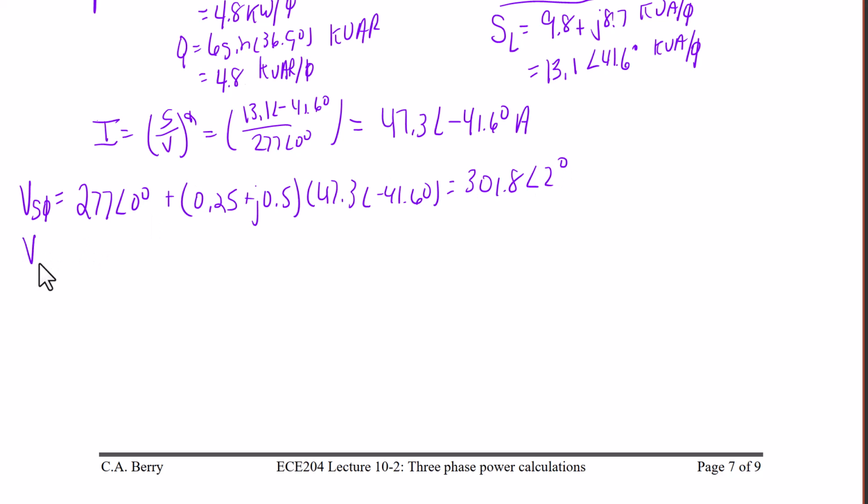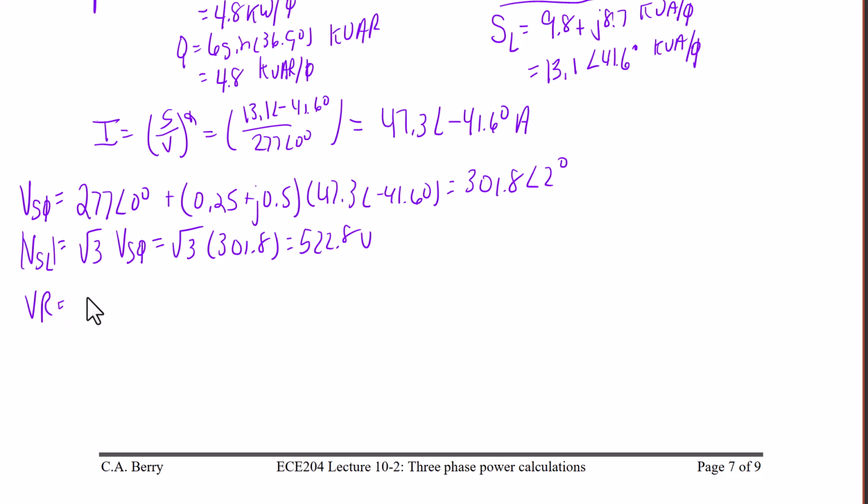So then the voltage at the source in terms of the line voltage would be the square root of 3 times the voltage at the source phase. So that would be the square root of 3 times 301.8. So the magnitude of that source voltage as the line voltage is 522.8 volts. Then the voltage regulation is going to be V source minus V load divided by V load times 100.